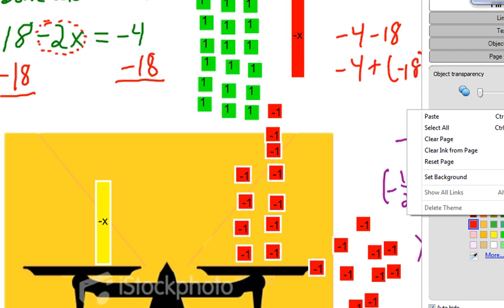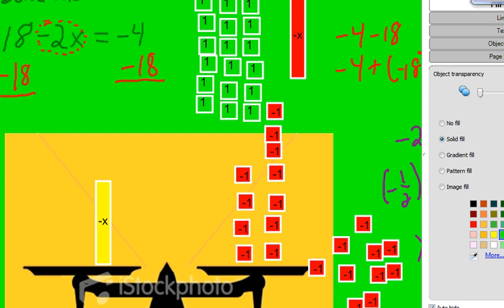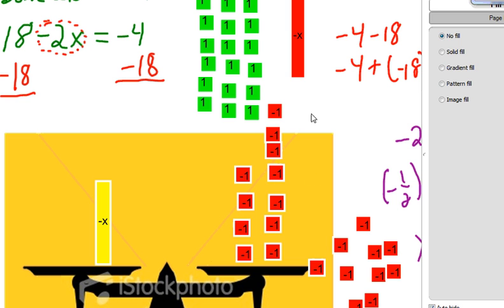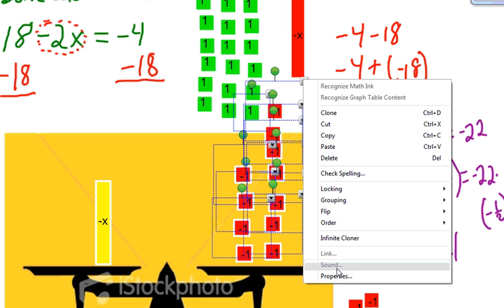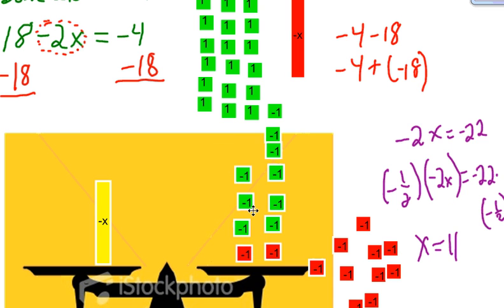And okay, actually that's my background fill. Let me get rid of that. Didn't do that. So these have got to all be positive. And let's see if I can make that happen. There you go. Look, I missed a couple.